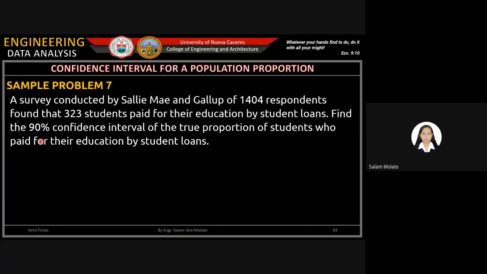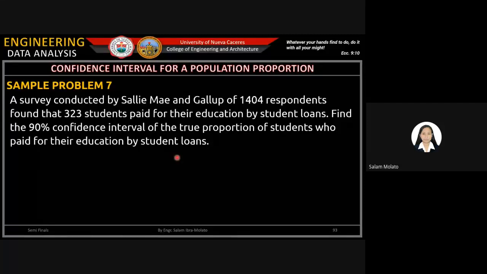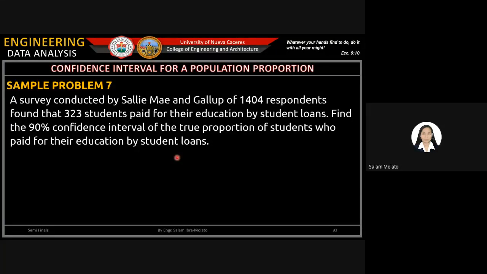So again, yung problem natin, instead of asking us what is the mean, ang tinatanong sa atin is the proportion. Find the true proportion. Okay, so meaning we will have the confidence interval for a population proportion. And our formula is, sulat na muna natin yung formula para alam natin kung ano yung kailangang i-identify.